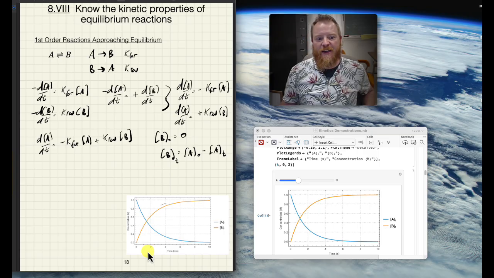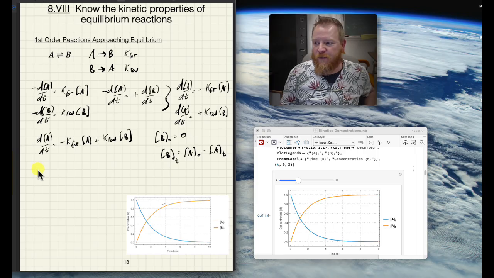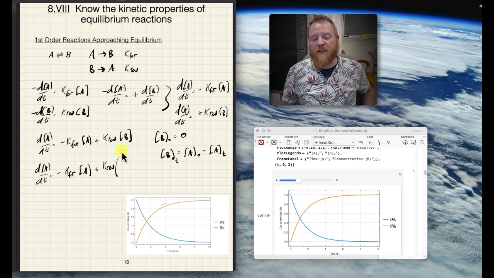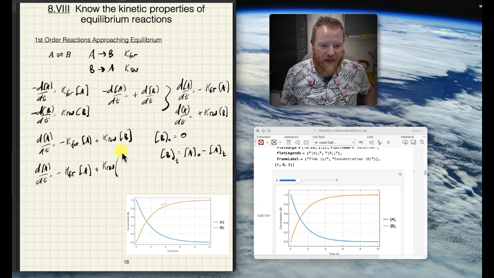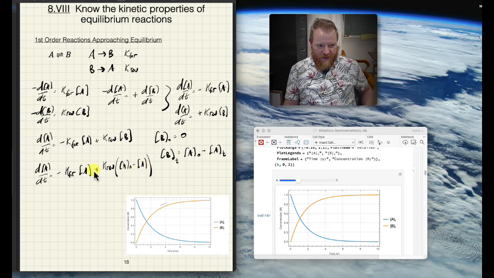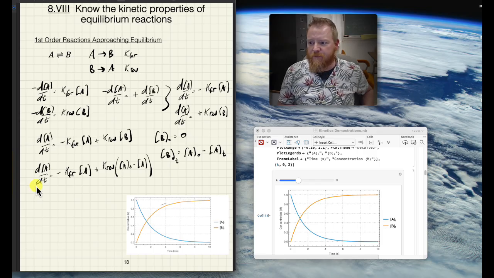And we can see that in the kinetic profiles. So now in this total rate law, we can write the following. We can say dA by dt equals negative K forward times A plus K reverse times B, and we note here that B really does mean B at any time t. So now that's just going to be equal to A0 minus A, and I'll drop the t because we recognize that that is A at any time.